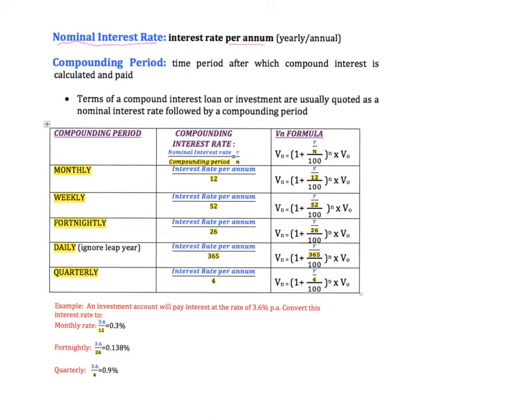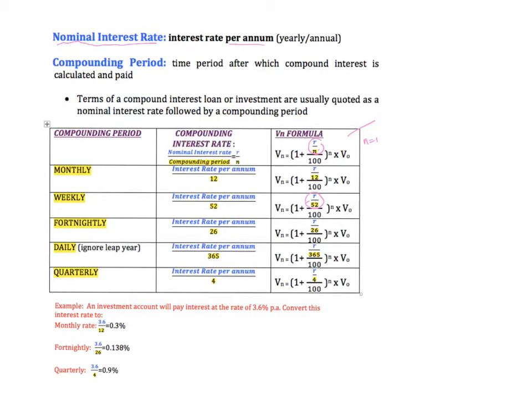So here are the recurrence formulas, or the nth term formula, of a couple. If we have a yearly rate, this n was 1 and we just divided by 1. If it was weekly, R is the yearly rate, we divided by 52 and so on.